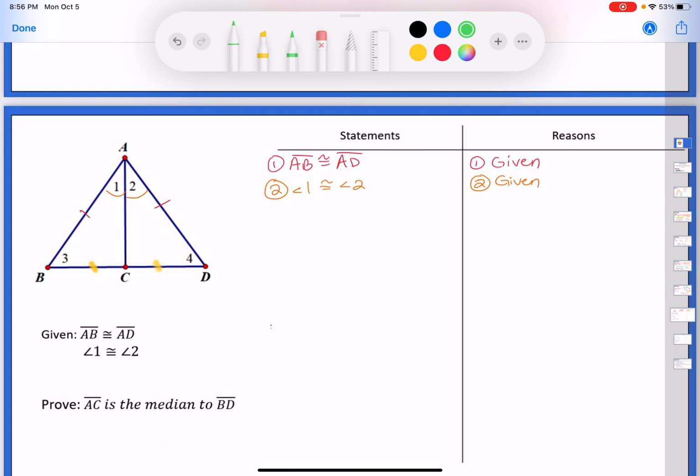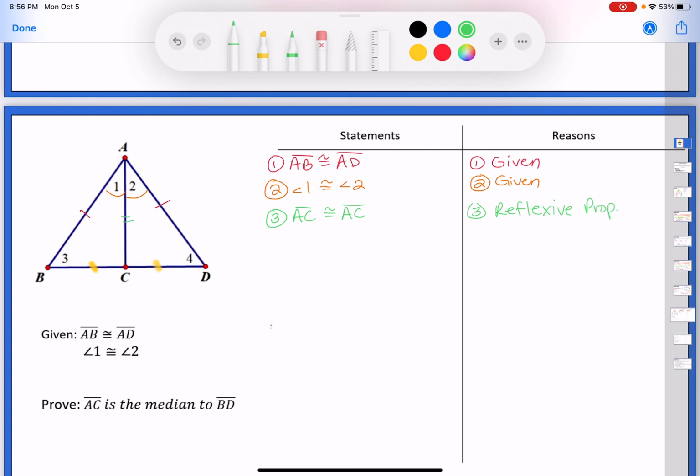So hopefully after the last few days with our congruent triangles idea, you're kind of seeing that maybe I could use the reflexive property here. Step 3, AC is congruent to AC with the reflexive property.